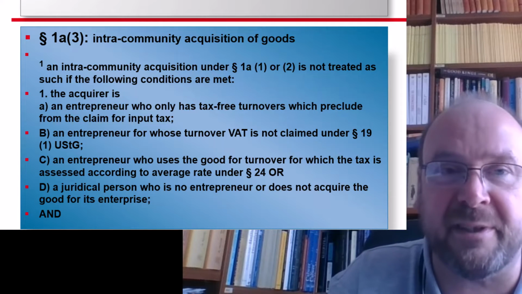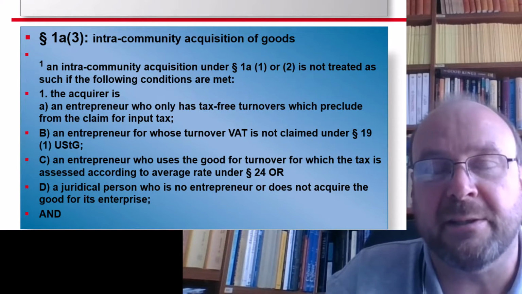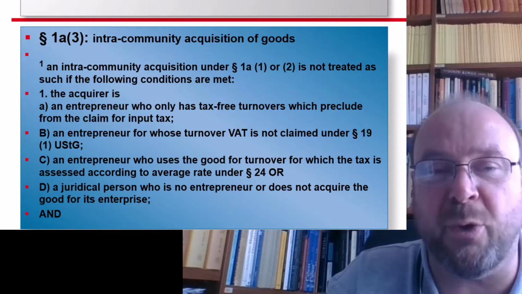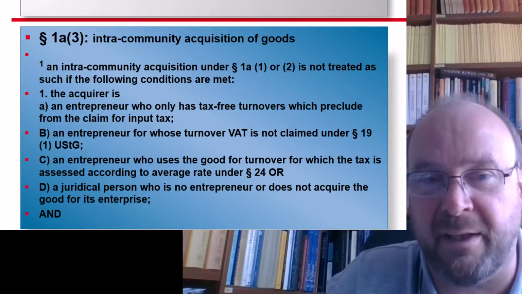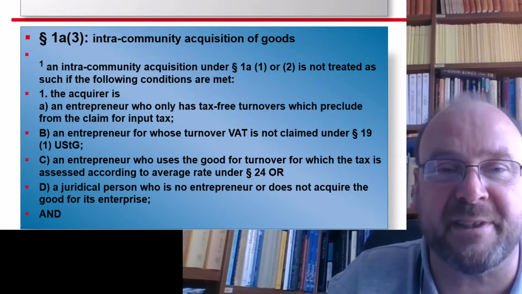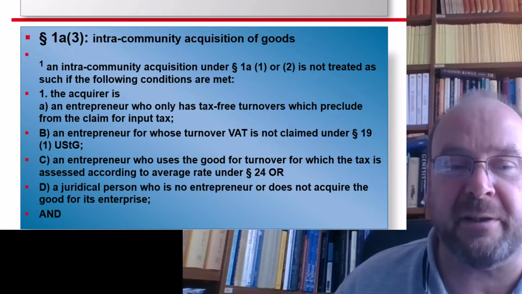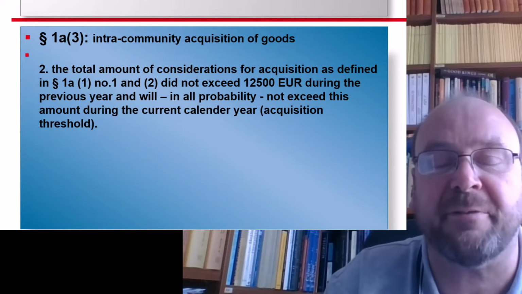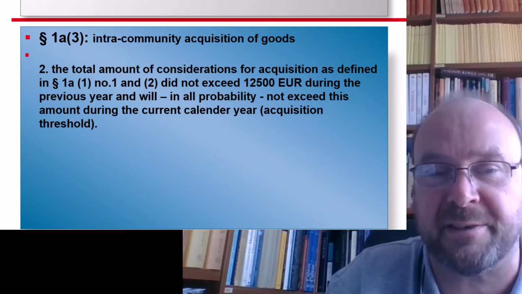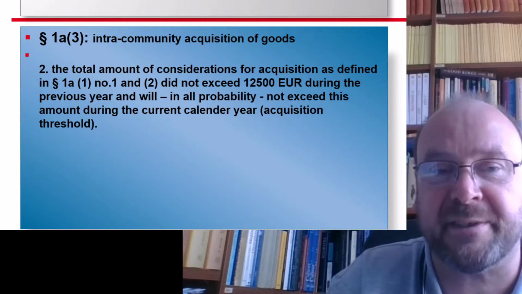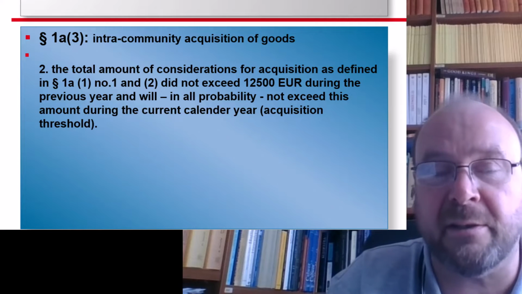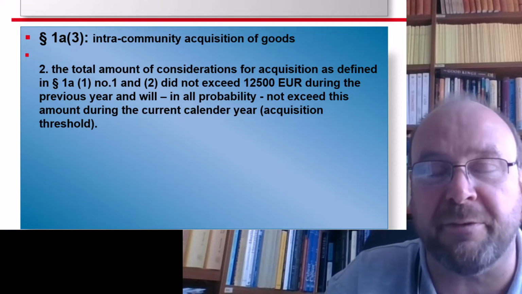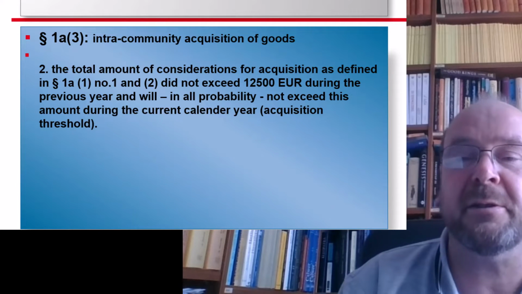That is the reason why these four people really are classified into the group of the half entrepreneurs, those people who only have to pay taxes on their acquisitions if they acquire on a larger scale. Here 12,500 during a year, either last year or this year, triggers taxability. If not, then you are still classified as a private person if you are one of these A, B, C, D people.